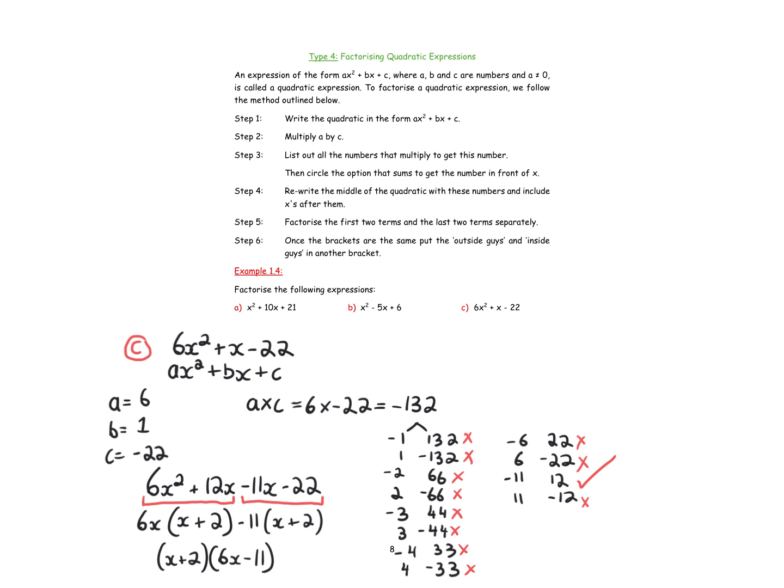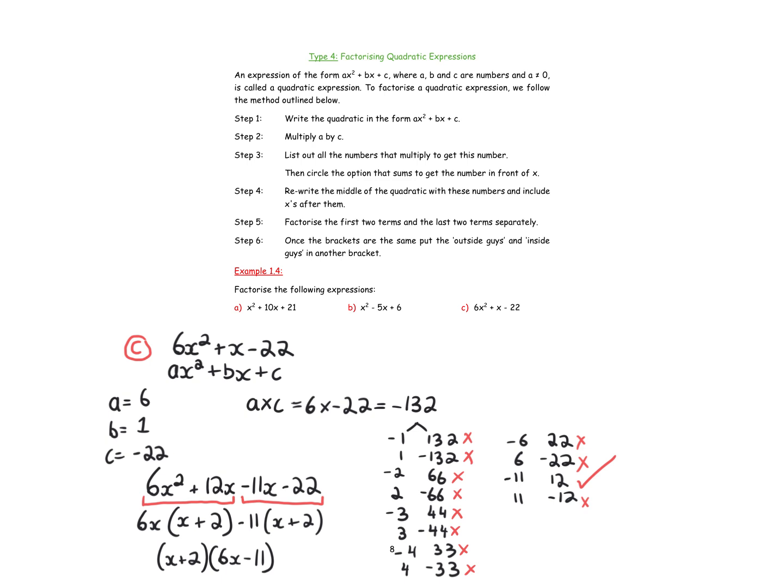Once you follow the 6 steps, you'll be able to factorise any quadratic expression that you get. The most important thing is you have it in the form ax squared plus bx plus c. Always label a, b and c to ensure you're not going to make any mistakes. Multiply a by c. Find the numbers that multiply to get the number you got when you multiplied a by c, and choose the numbers that when added together will give you b.